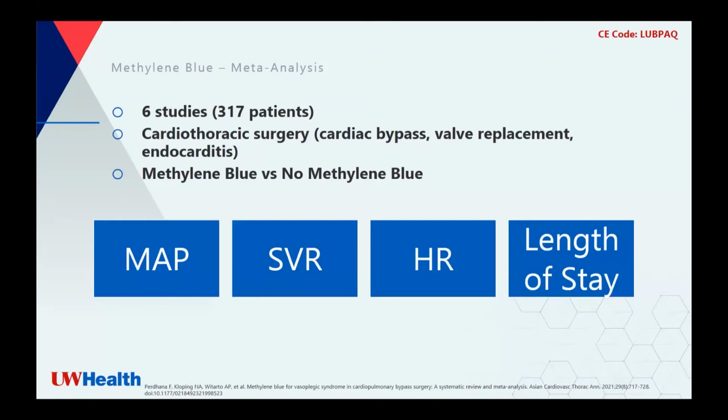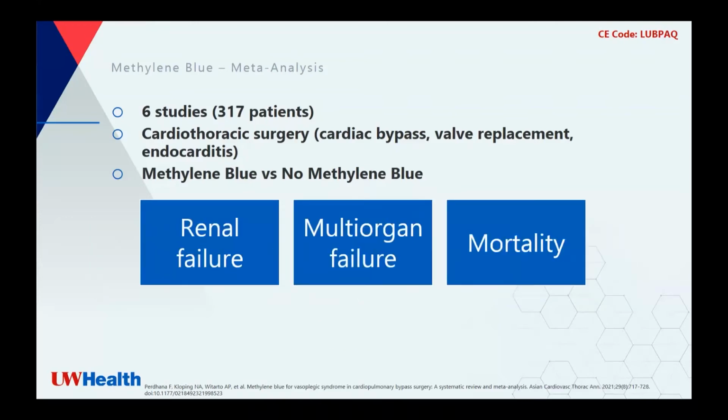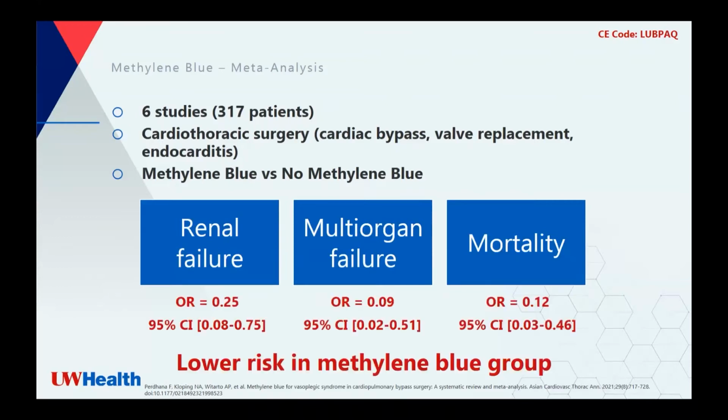When they compared MAP, SVR, heart rate, and length of stay as outcomes, this analysis found no difference between treatment groups for these outcomes. However, when the same population looked at renal failure, multi-organ failure, and mortality as outcomes, this analysis actually found benefit in the methylene blue group, with lower risks of these outcomes.